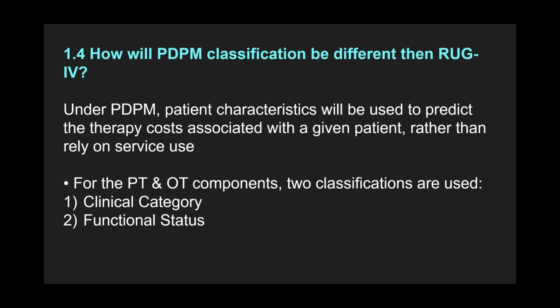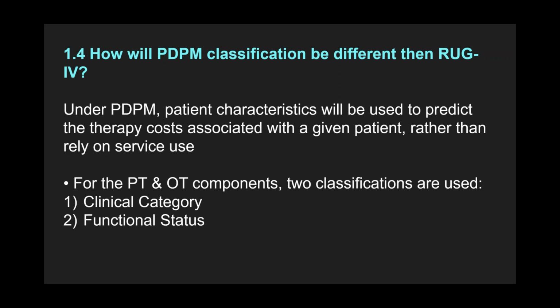So how will PDPM classification be different than RUGs? Under PDPM, patient characteristics will be used to predict the therapy costs associated with the given patient rather than relying on service use or intensity of services. For the PT and OT components, we have two classifications that are going to be used.